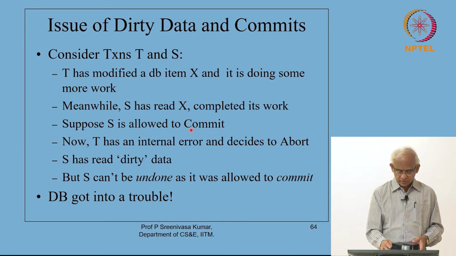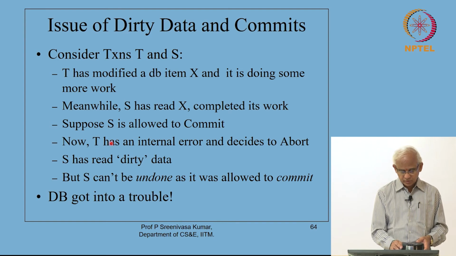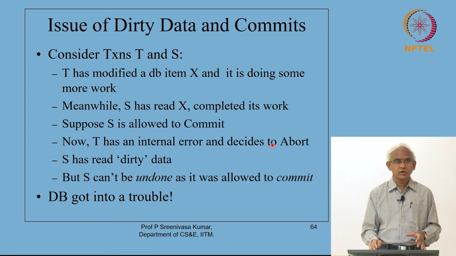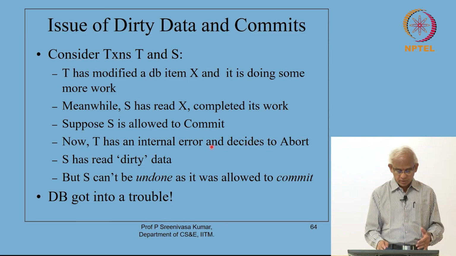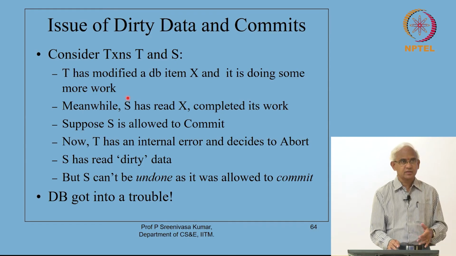Because the ideal thing for us to do is that if T has requested a rollback, we should have made note that this particular transaction S has read some item that has been changed by T, and roll back that also.